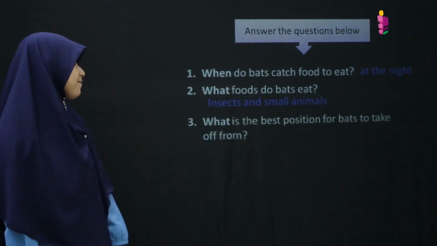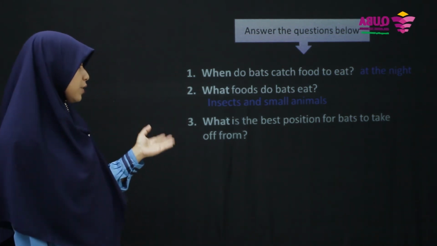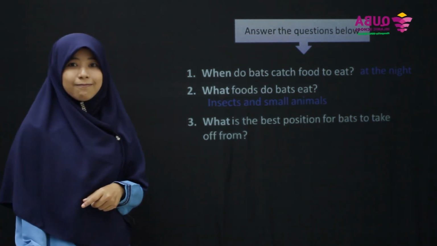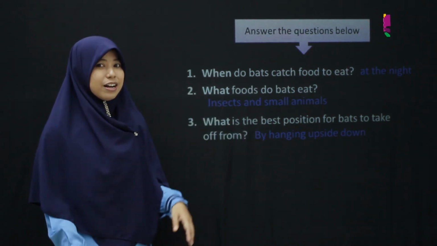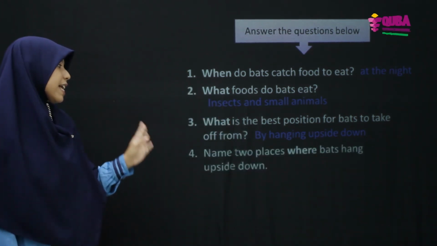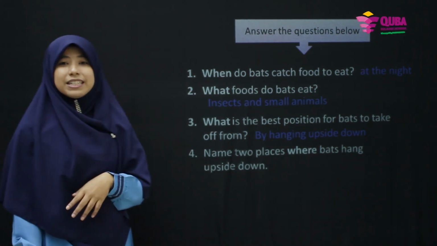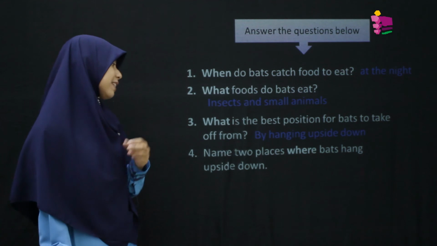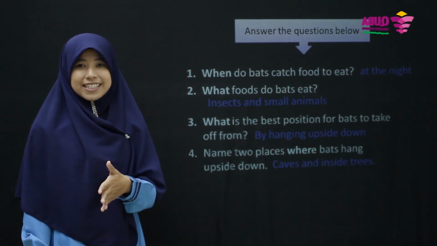And the third, what is the best position for bats to take off from? By hanging upside down. Good job. And number 4, name 2 places where bats hang upside down. Yeah, it can be in caves or inside trees.